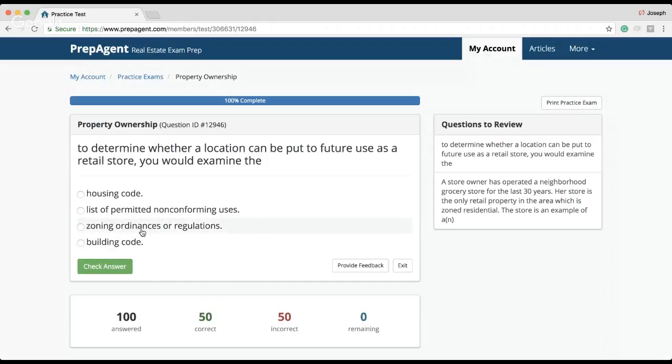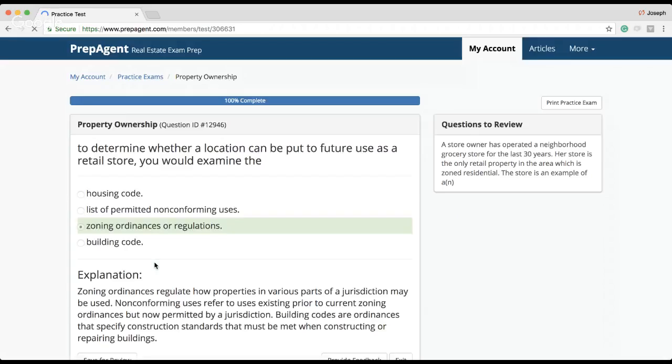Okay. So before you put a store there, you have to see if it's zoned for commercial. If it's zoned for residential, you may not be able to put a store there. Remember, you have commercial zones and residential zones. Don't overthink these questions. Some of you guys overthink it, and that gets us in trouble. Pass now, think later.